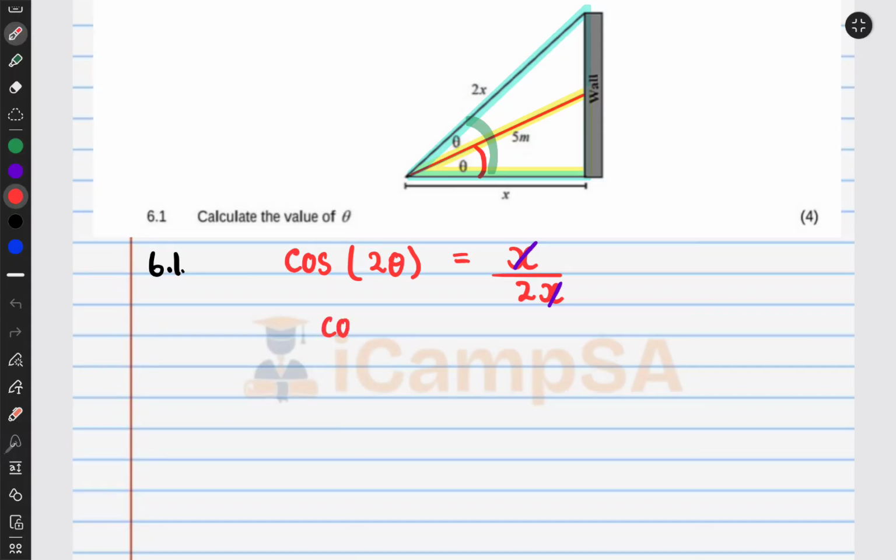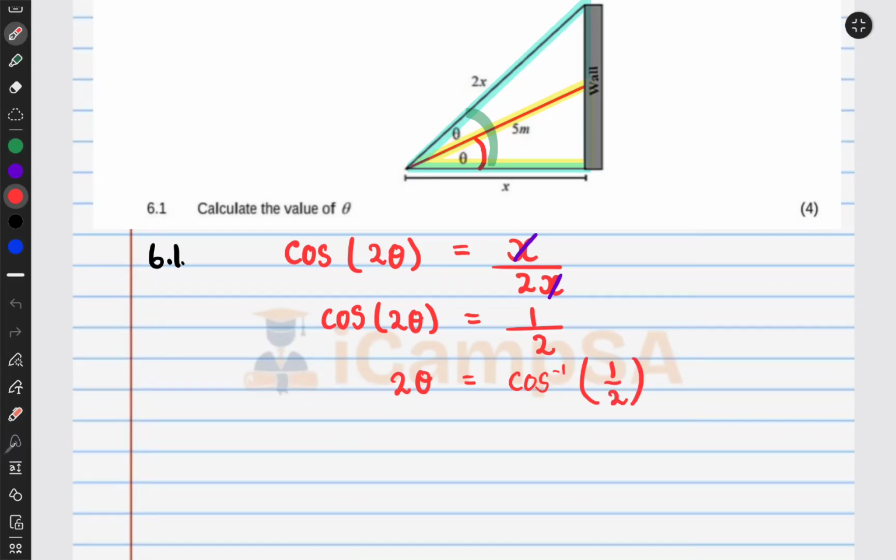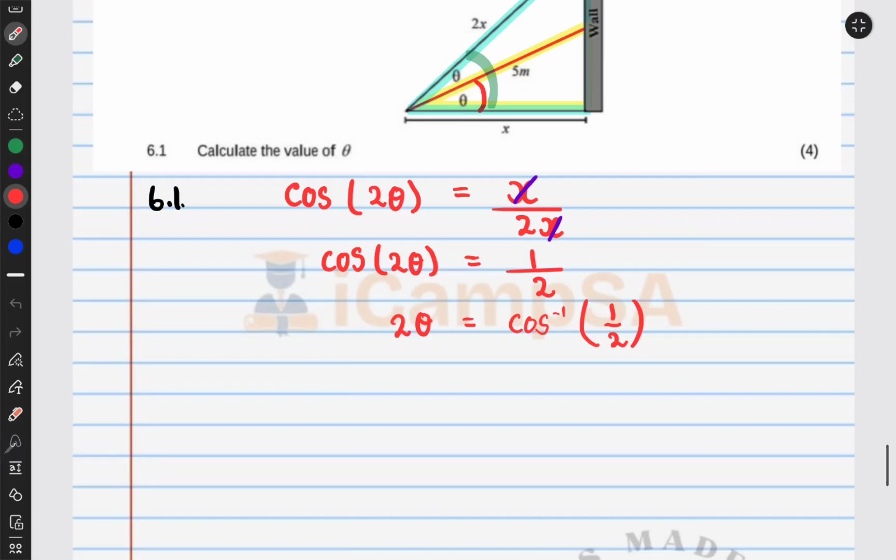So cos 2 theta is equal to 1 over 2, and then we take the cos to the other side, we would be left with 2 theta is equal to cos inverse 1 over 2. Okay, what is cos inverse half?